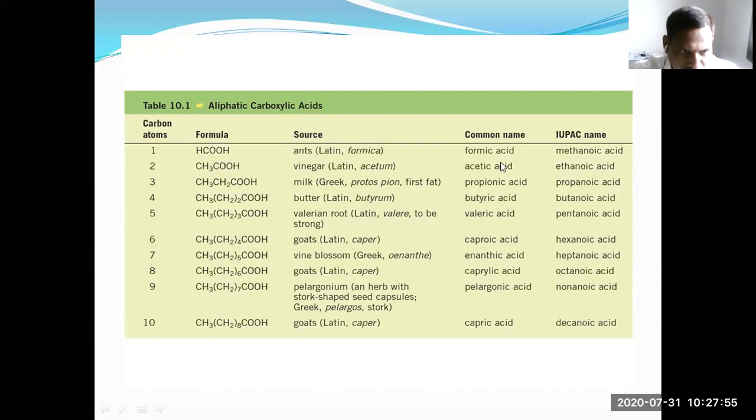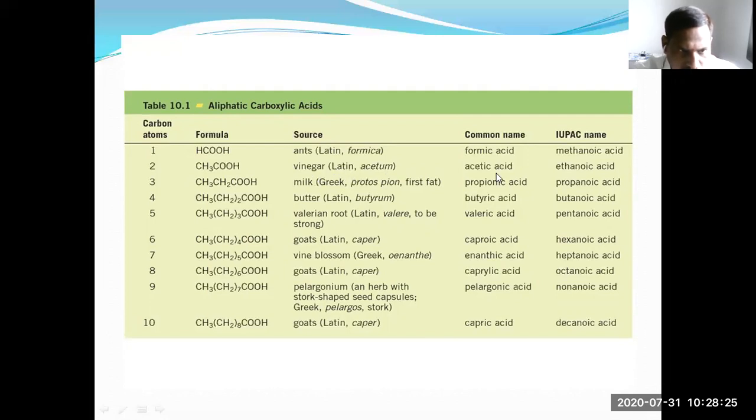Another common name: formic acid. Formica is a Latin word meaning ants. The source of this acid is ants, which is why the common name is formic acid. Similarly, acetum means vinegar in Latin.